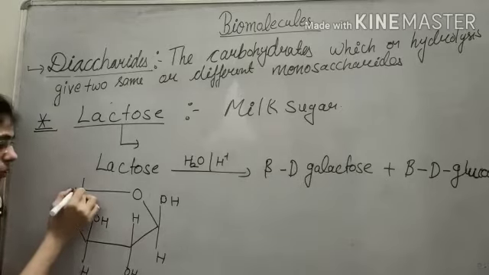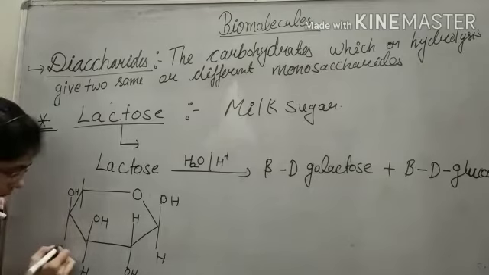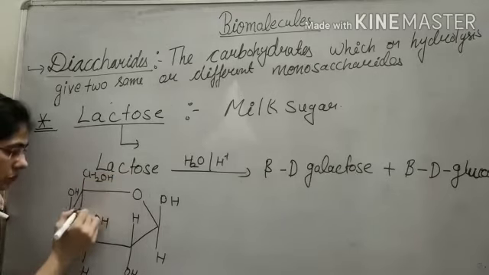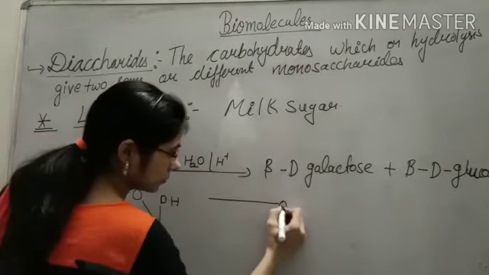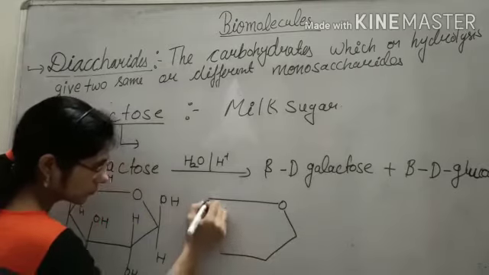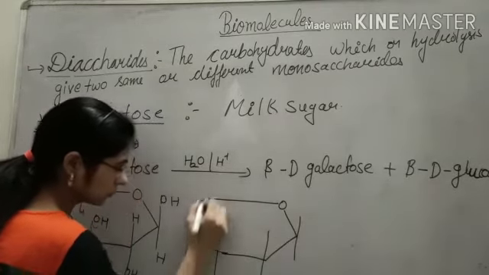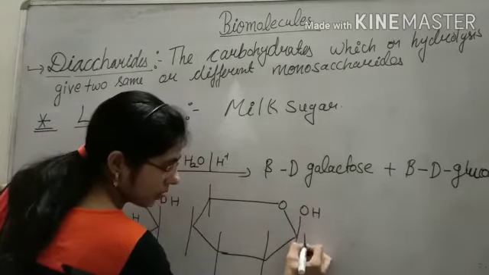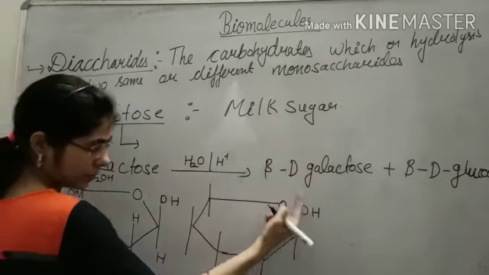So in case of galactose, OH is placed at the upper side. And in case of beta D glucose, again OH is present at the C1 carbon on the left hand side, so it is placed at the upper side.